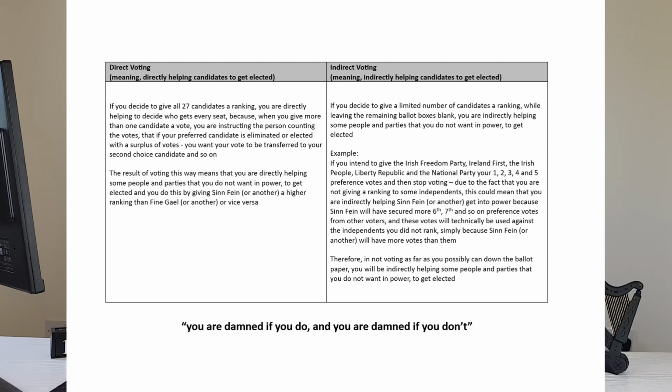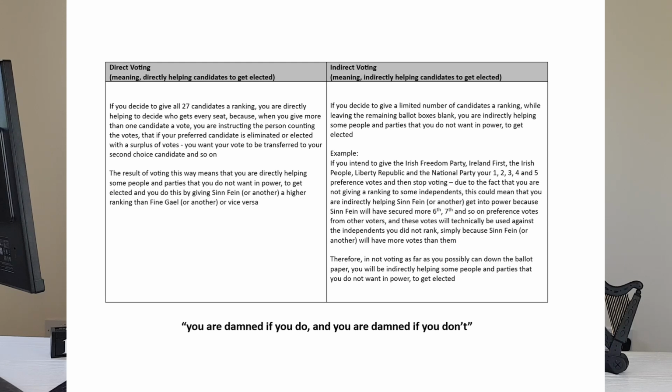The flip side to direct voting is what I referred to earlier as indirect voting. So if you decide that you only want to give, for example, 3 candidates out of 27 a ranking, while leaving the remaining ballot boxes blank, you are indirectly helping some people and parties that you do not want to get into power to get elected. The easiest way to understand this is, say you intend to give the Irish Freedom Party, Ireland First, the Irish People, Liberty Republic and the National Party your 1, 2, 3, 4 and 5 preference votes and then stop voting.